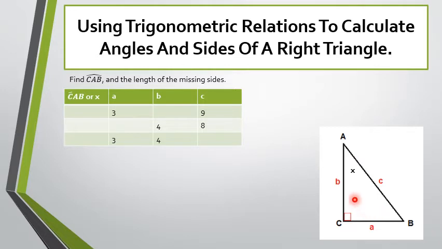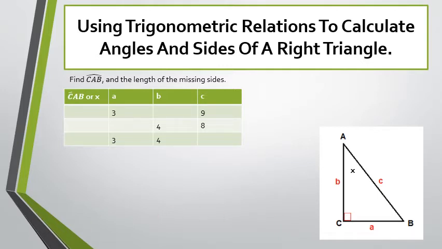We can notice that it is right at C, and AB is the hypotenuse with the length c, and AC is a side with the length b, which will be the adjacent side to angle X, and BC is the opposite side with length a.